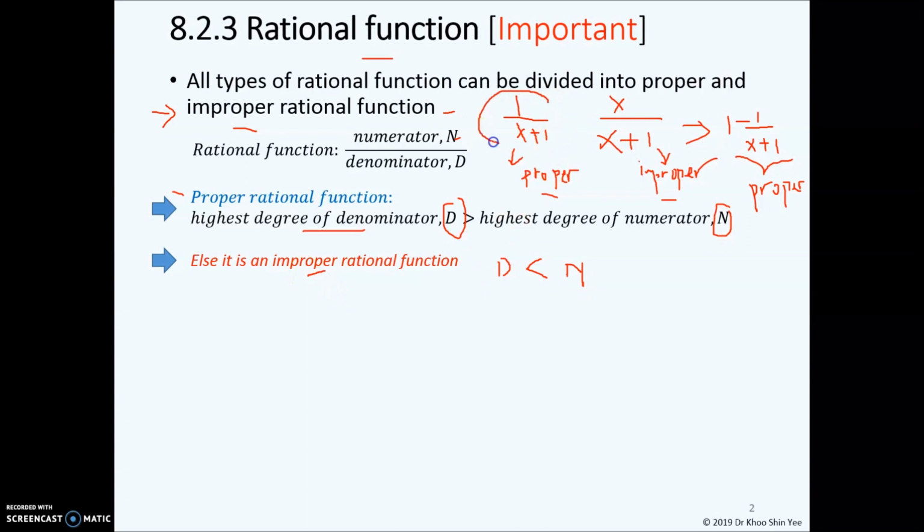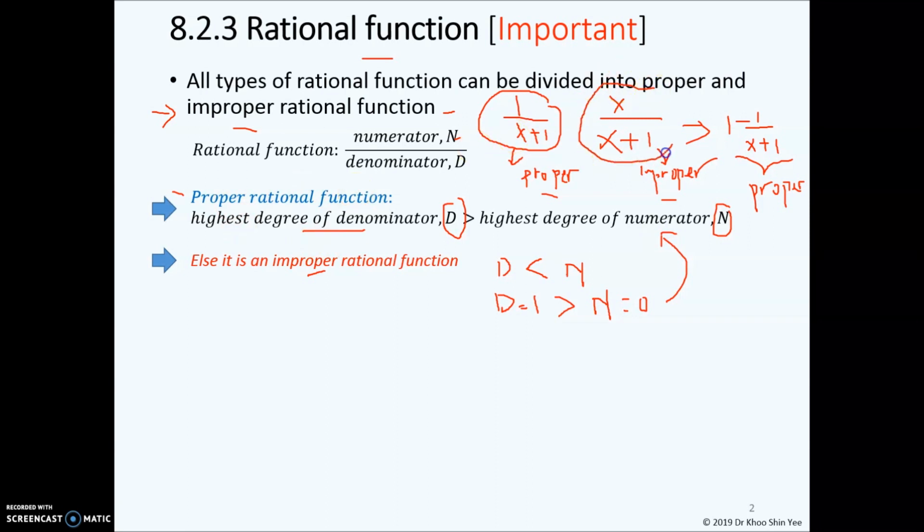So let's see for this case. At the bottom, d, the highest degree is 1, right? At the top, since it's a constant, it is x to the power of 0, so the degree is 0. So in this case, d equal to 1 is greater than n equal to 0. So this first case is a proper rational function.